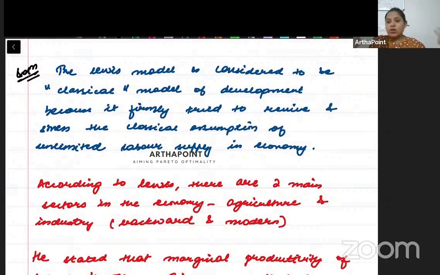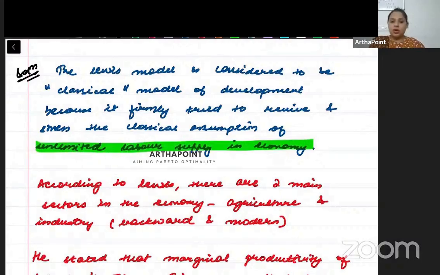There is no problem in the supply of labor. If you want 1,000 laborers, you will have 1,000. If you want 2,000, you will have 2,000. So there is unlimited supply of labor. That is not a problem. This is one of the assumptions of the classical model.